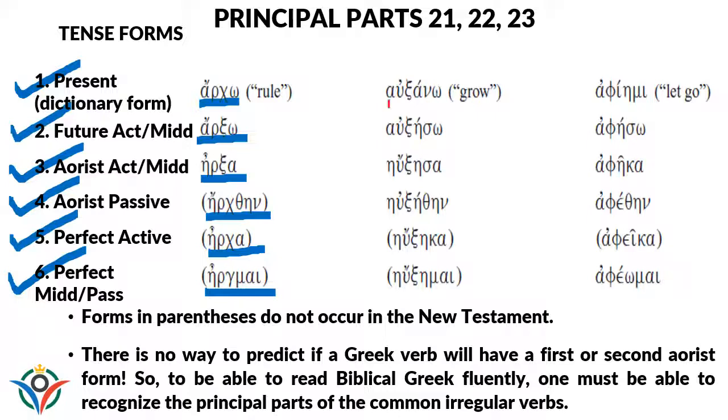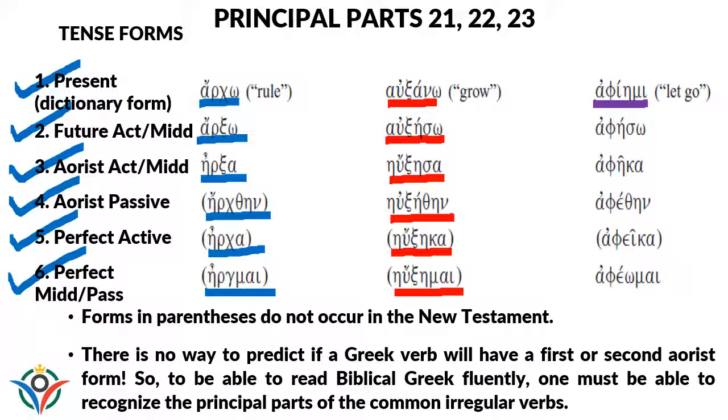Next we have auxano, which means grow. I'll try my best to pronounce this one for us. So we have auxano, auxeso, eauxesa, euxethen, euxeka, and euxemai. And then number 23 is aphiemi, which means let go.